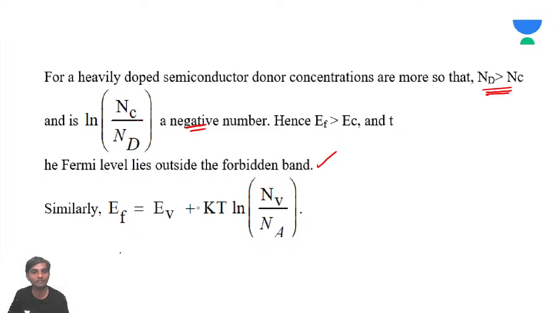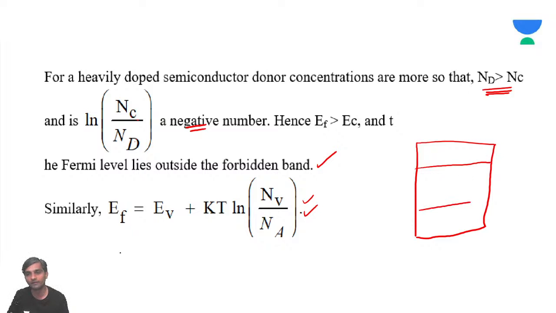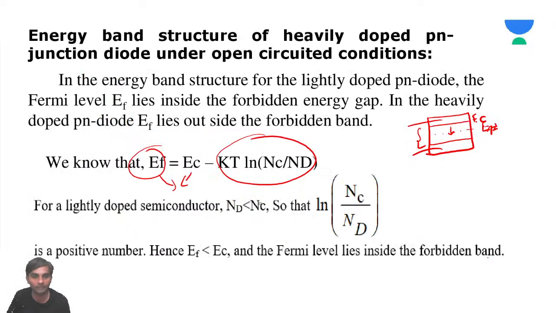Similarly, EF is equal to EV plus kT into ln of NV by NA. Generally, the Fermi level lies between this EG, the forbidden gap. But here, for a heavily doped semiconductor, it is going to be EC plus kT into ln of NC by ND.